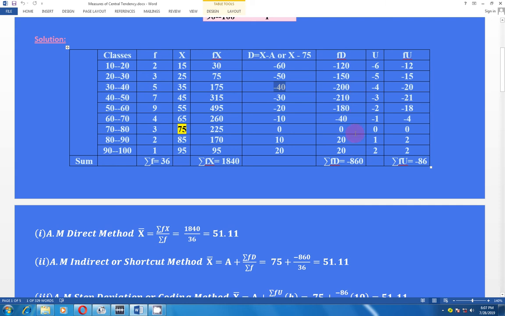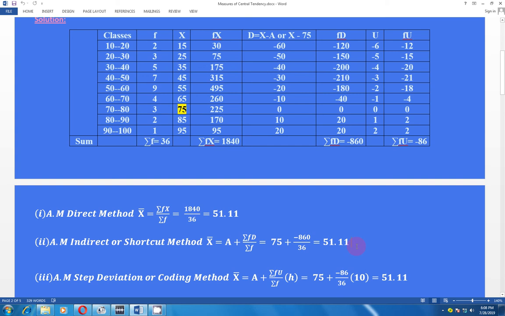And after summing all the values, the result is minus 860. So after putting all the values in the formula, a is equal to 75, sum of fd is equal to minus 860, and sum of f is equal to 36. After calculating the equation, the result is 51.11.